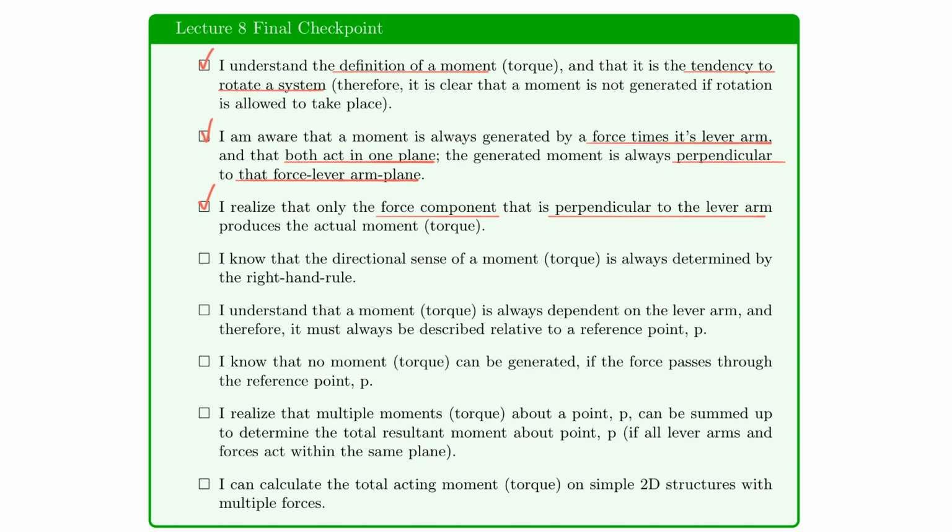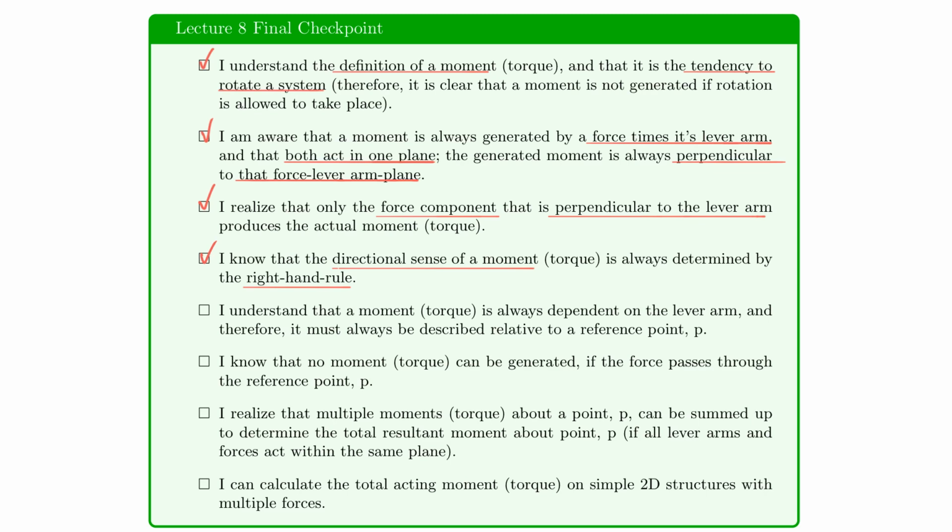And we also understand that the directional sense of the torque is ultimately defined by the right-hand rule. I think we talked about this just right here when we talked about the force lever arm plane, because we only dealt with XY and it was always in the Z direction. So that's kind of repeated in here, but specifically for the right-hand rule. So I can check that off as well.